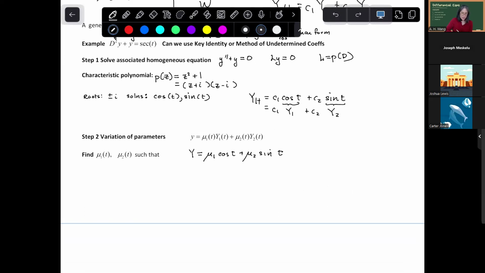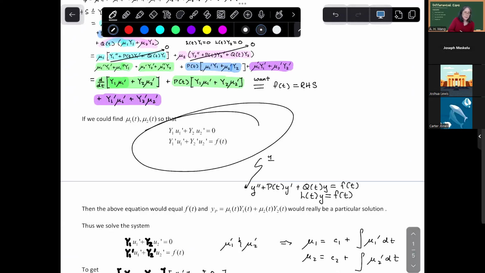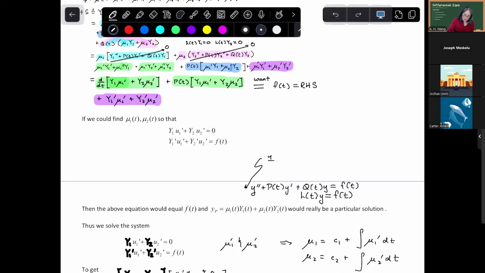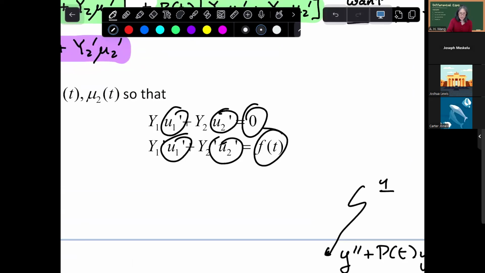And you need to memorize two things. The way to remember it is you need to memorize these two. Okay, and notice the way to think about it is when you have the y1 and the y2, y1 prime, y2 prime, that's like writing out the Wronskian. Then you have the mu1 prime, mu2 prime, and then you have 0 and f of t.